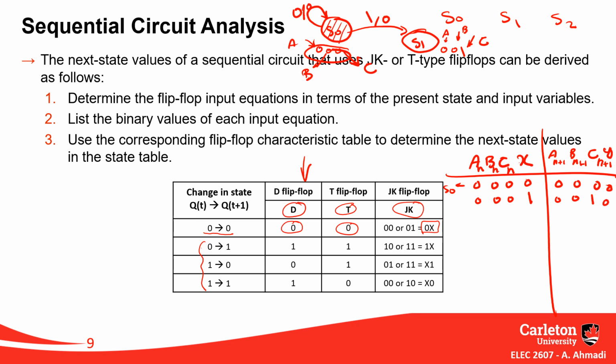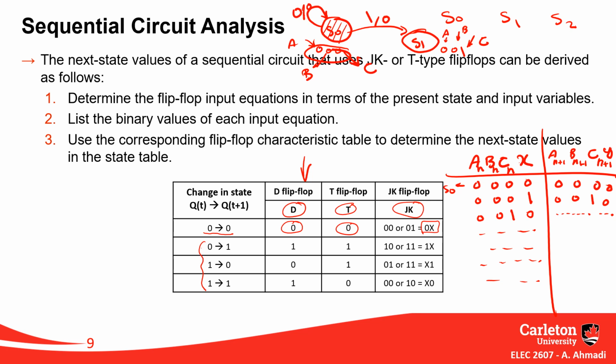If I'm at state 0, 0, 1, meaning I'm at state S1, and I get a 0, I'll go to another state, which was, I don't remember exactly, S2 or S3. Based on that will be the next state and output. And you continue on this one by one till you have all the combinations of current states, input, and output.